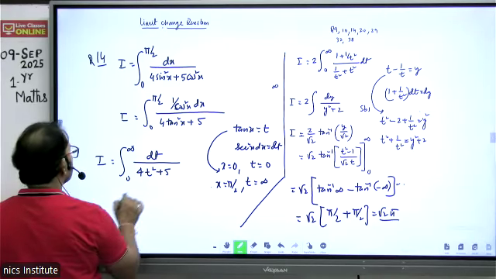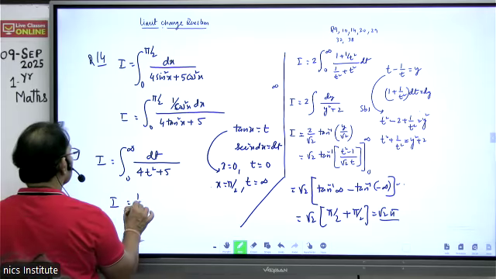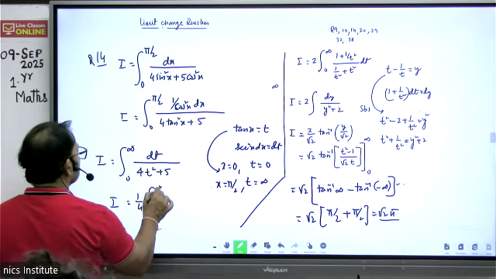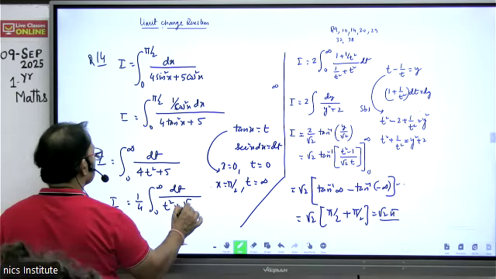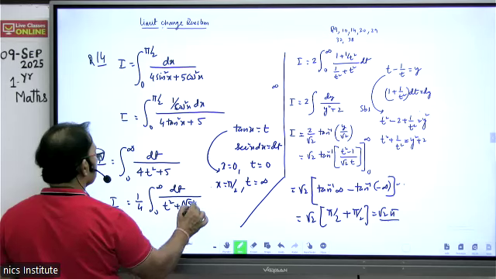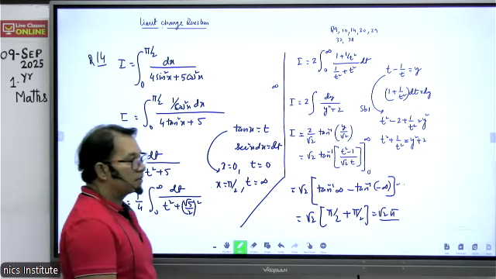How to integrate this? Standard formula. Yes, so this is again tan inverse.